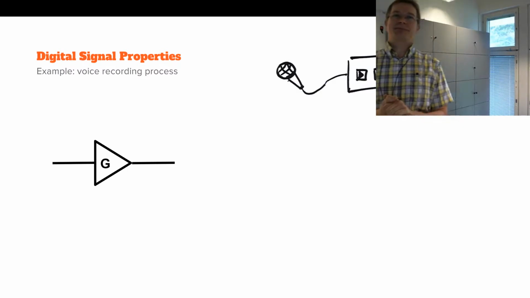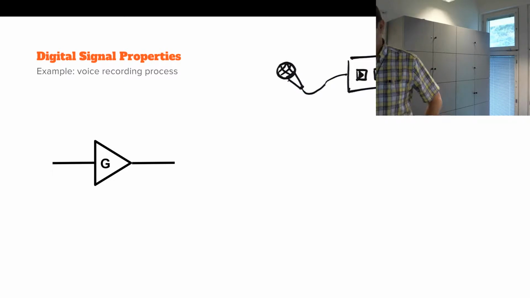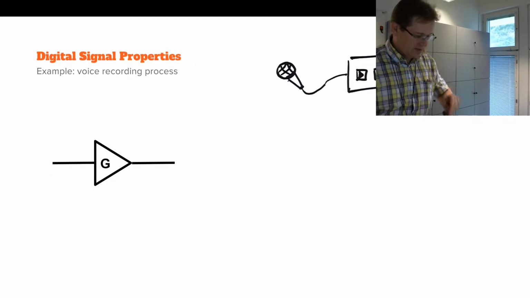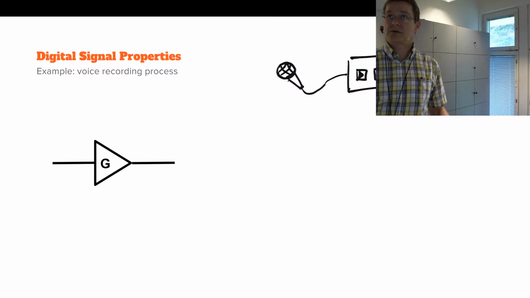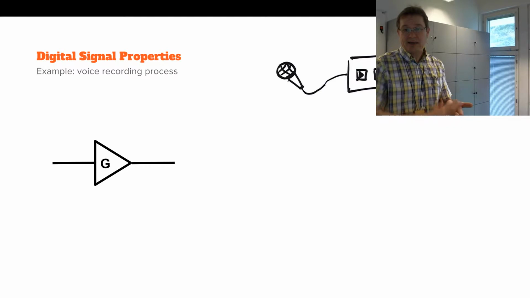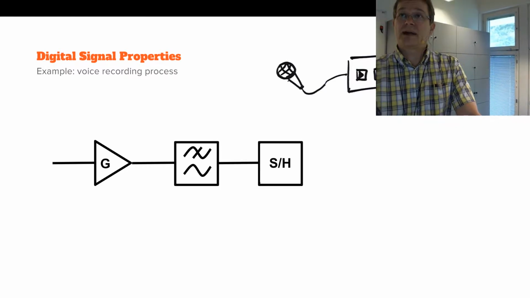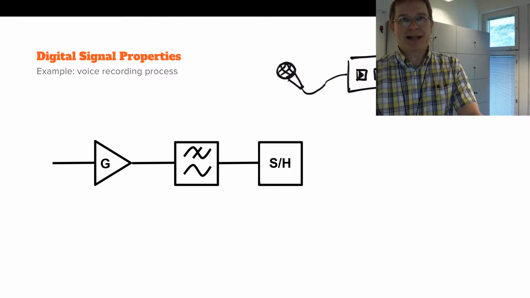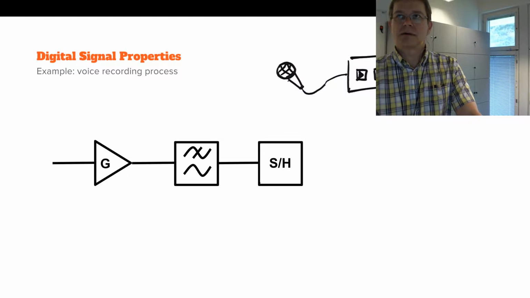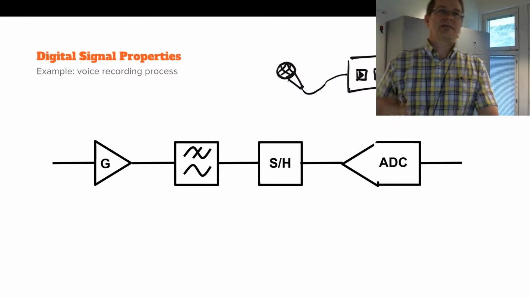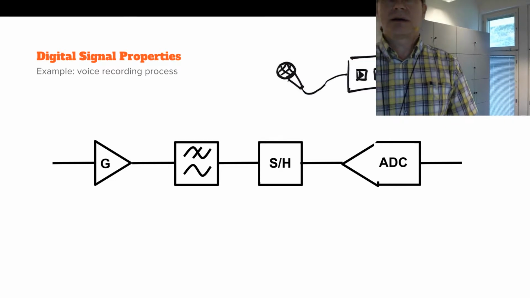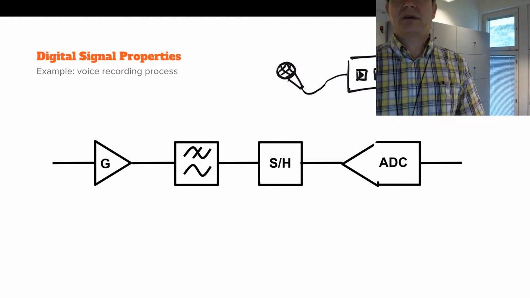The first step for the signal, like from a microphone on any electronic box, is to have the amplifier on it. So there's always a signal amplifier, and after that we usually have a low pass filter, then a sampling circuit, and after that the analog to digital converter, and there you have the digital signal.